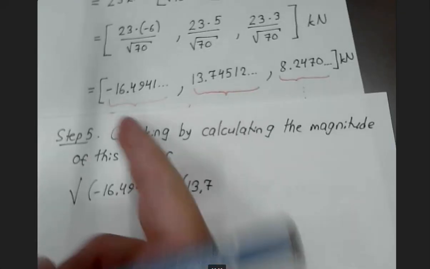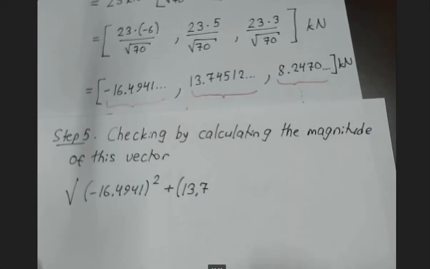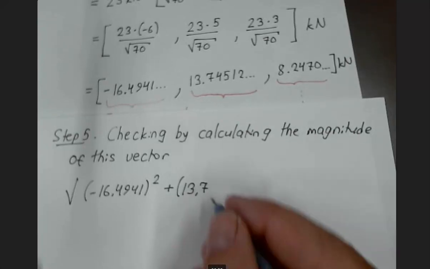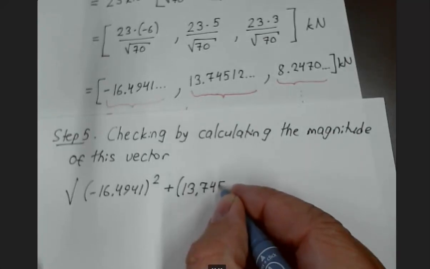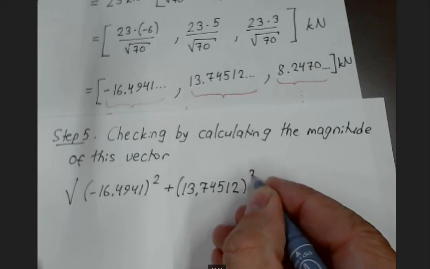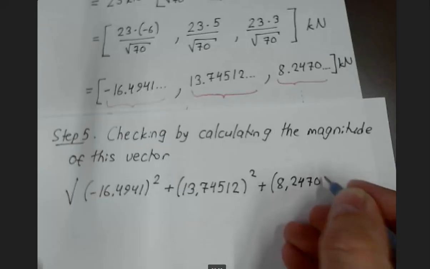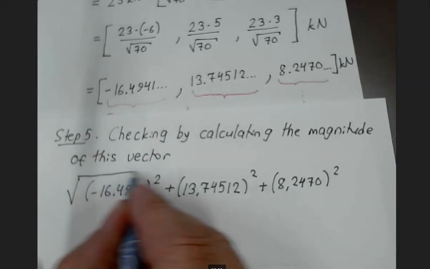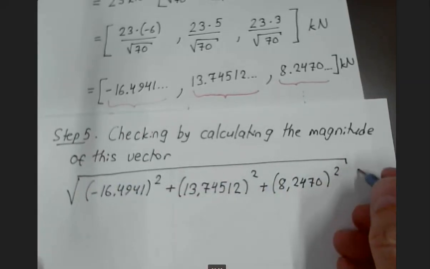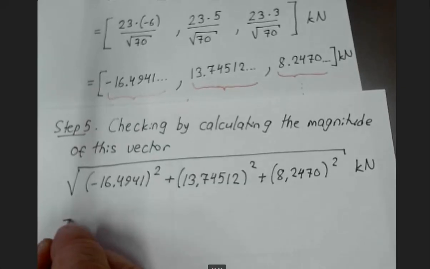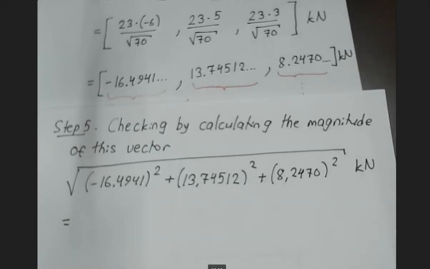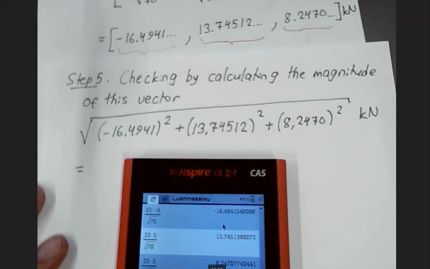I will simply use those decimals which I have written on the paper. I have the exact ones in the calculator, but I will use only these values, and this will be kilonewtons. Let's do that.